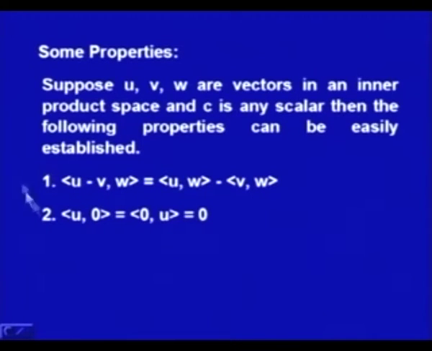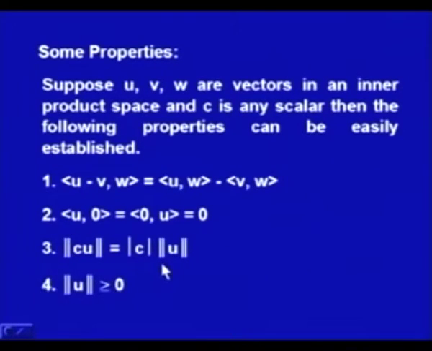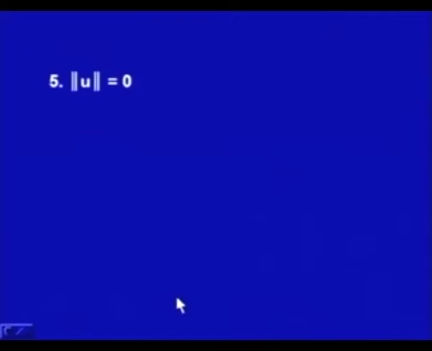The second is that the inner product of u with 0 is the same as the inner product of 0 with u, and this is always 0. The third is that the norm of c u is equal to the magnitude of the scalar c multiplied by the norm of u. Then the norm of u is always greater than or equal to 0. These are the properties which can easily be derived.